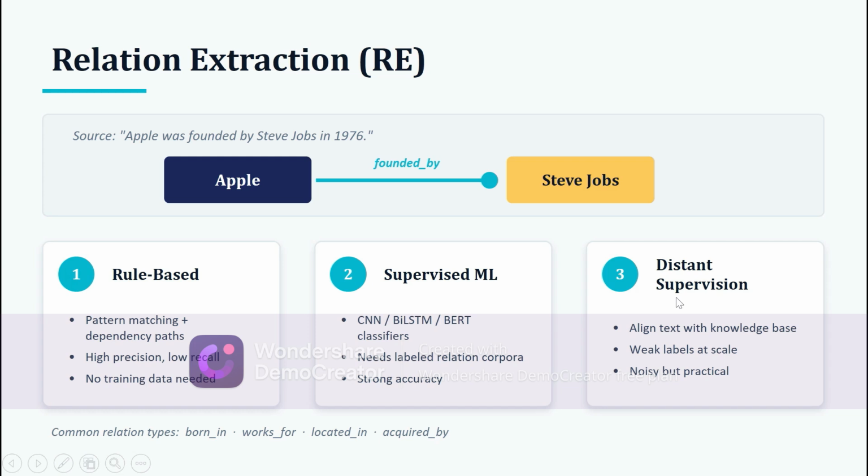Distant supervision is a practical middle ground. Align text with an existing knowledge base like Wikidata or Freebase to generate weak labels at scale. The labels are noisy, but the approach lets you train on massive text corpora without manual annotation.